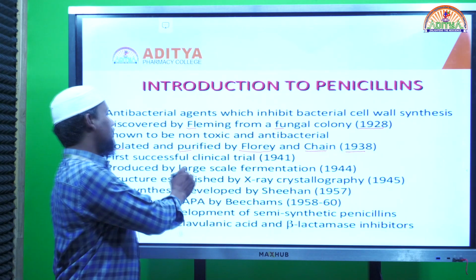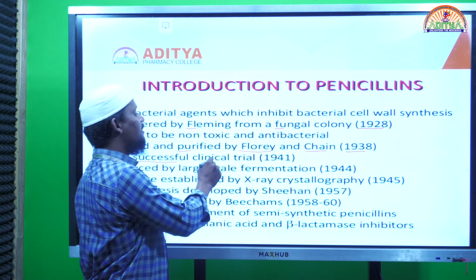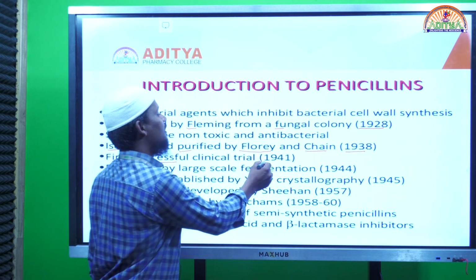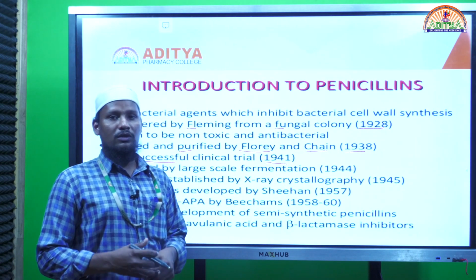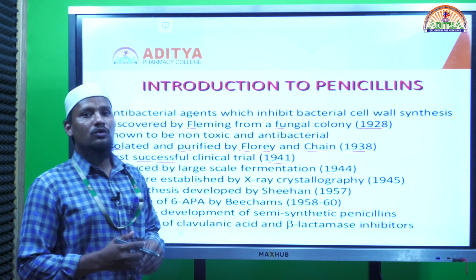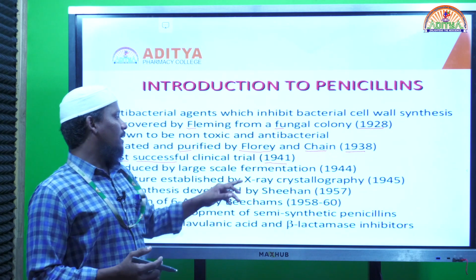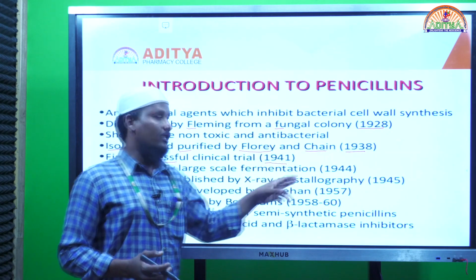Next, it was successfully synthesized in a synthetic manner in 1941. Actually, the antibiotics obtained through these microorganisms are in very small amounts. So to increase the amount, we have to go for synthetic methods. So in 1941, synthetic methods were introduced to synthesize the antibiotics.